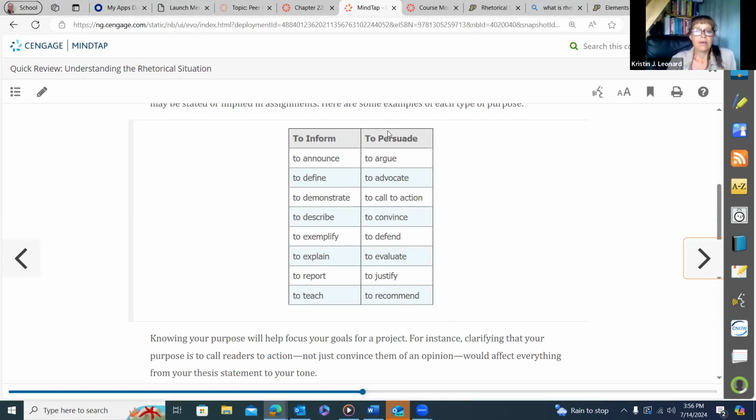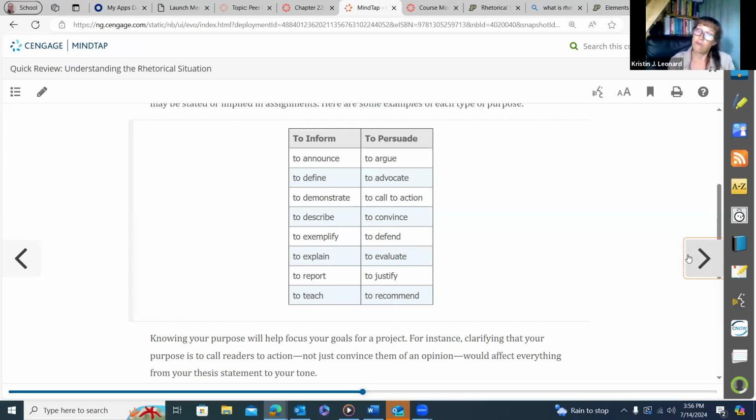Now think about how you can either argue for that issue or stance, advocate, okay, that this is something that needs to be, you're on that side of it, to call to action, to convince, to defend, to evaluate, to justify, or to recommend. I recommend that we blah, blah, blah, blah, okay? So the persuade column is the section that we'll be looking at with a persuasive essay.